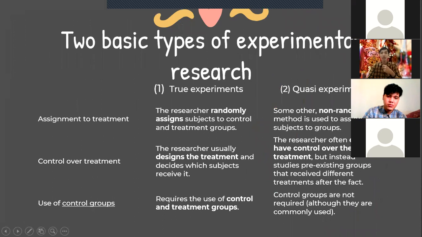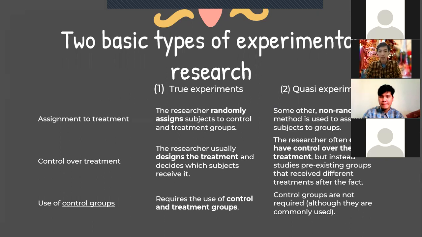There are two basic types of experimental research. The first one is true experiments, and the second one is quasi-experiments. For assignment to treatment, in true experiments the researchers randomly assign subjects to control and treatment groups. But in quasi-experiments, a non-random method is used to assign subjects to groups.